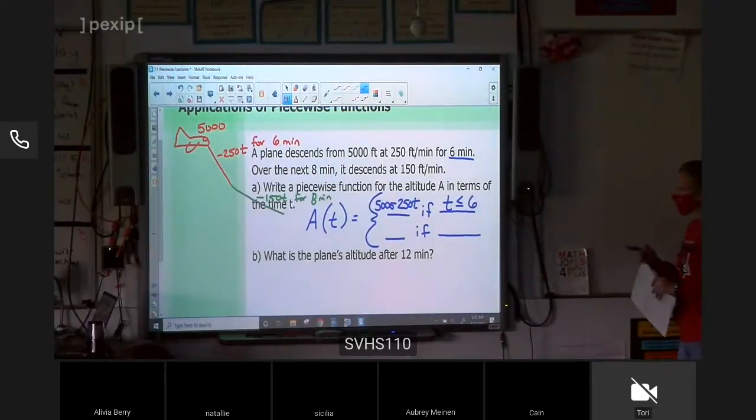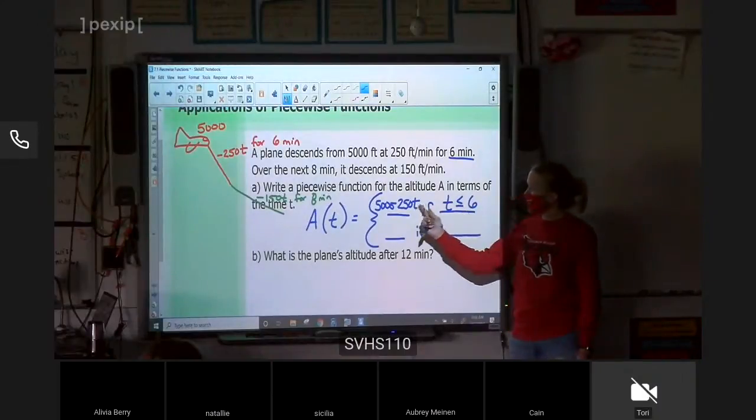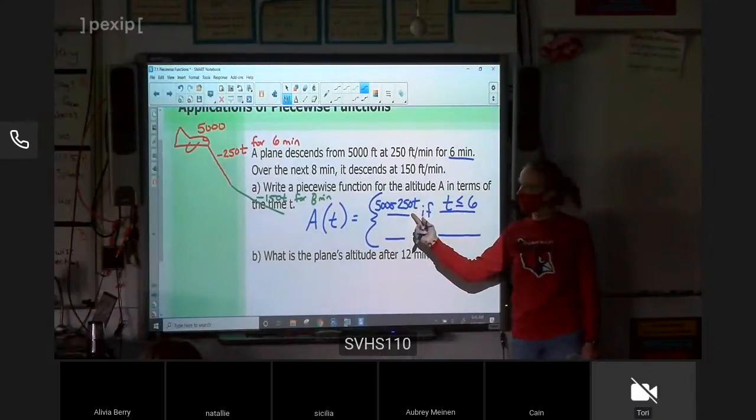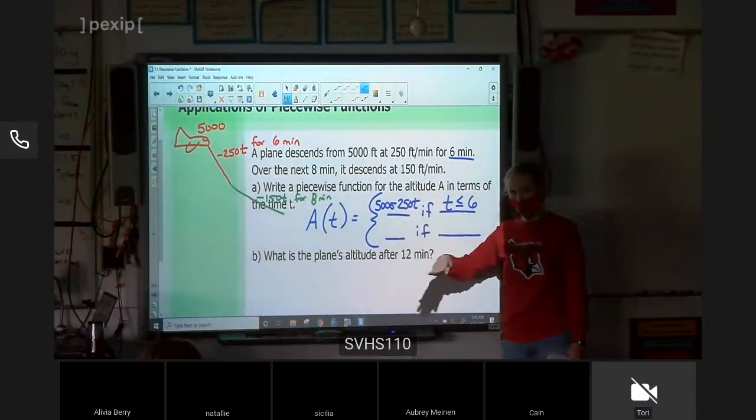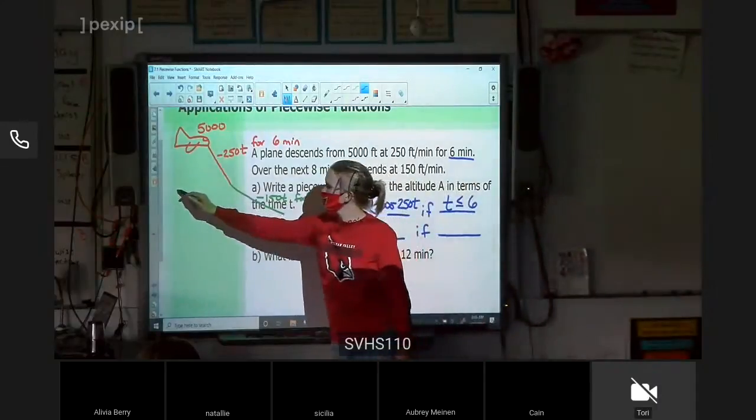Then, would it be x minus 150 since we don't know that? Well, we have to figure out. If we know it was for 6 minutes that they descended, could we figure out how far they went down? What their new height is? Yeah, we just plug in 6 here.